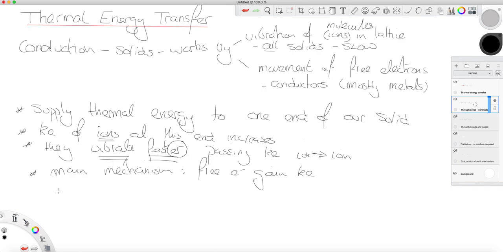They then move down the solid because they can, collide with ions, and pass on kinetic energy. So they vibrate faster.